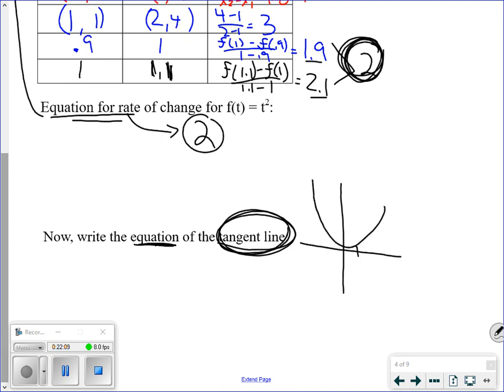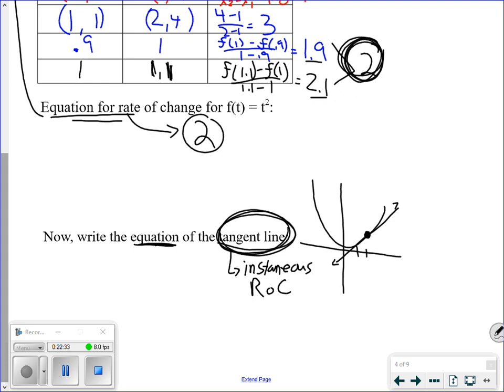so right here at 2, the tangent line is only intersecting at that one point. And if it's only intersecting at that one point, a tangent line is not going to be the average rate of change. A tangent line is going to be an instantaneous rate of change, because it is only finding the slope at that exact point.